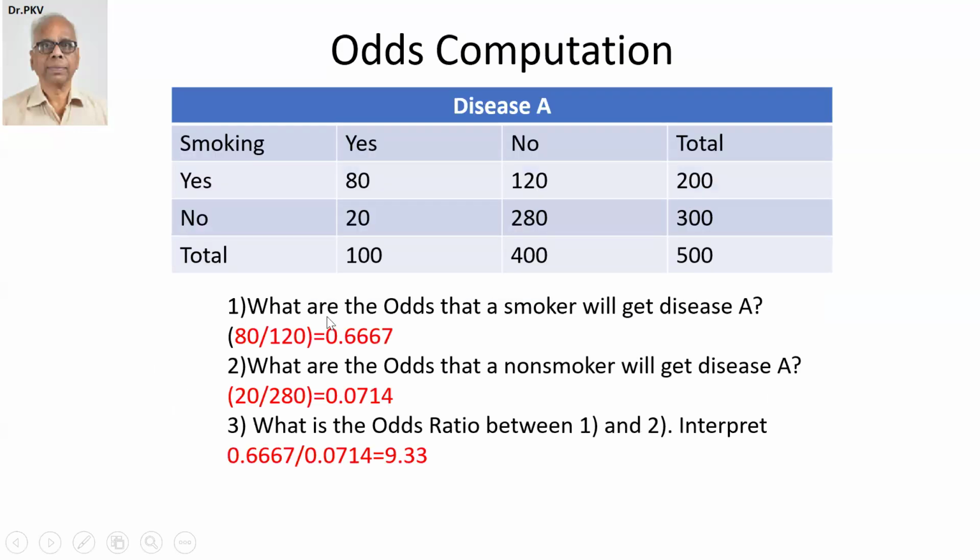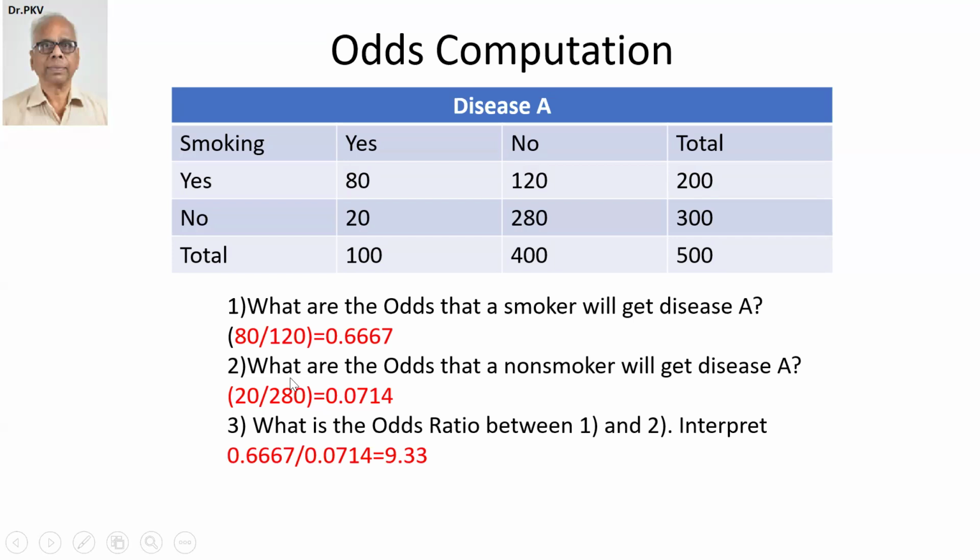Now, the first one, what are the odds that a smoker will get disease A, is simply 80 by 120. Because there are 200 smokers, the denominator is same. You don't have to compute the probability by 1 minus probability. You can simply write this as 80 divided by 120. It is 0.667.